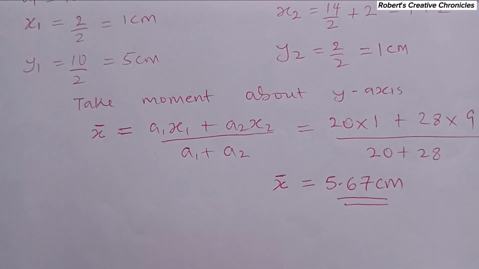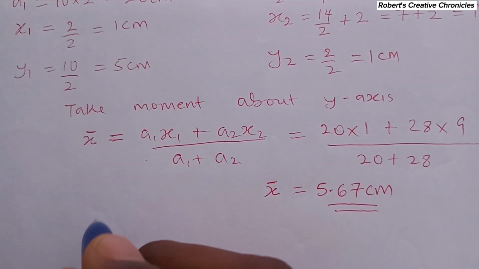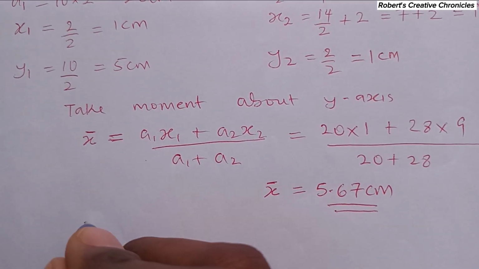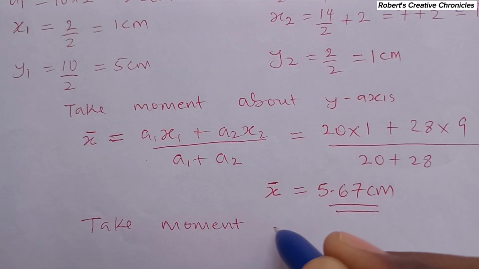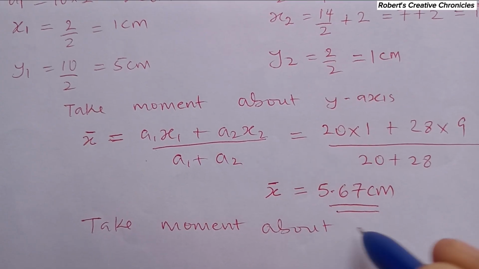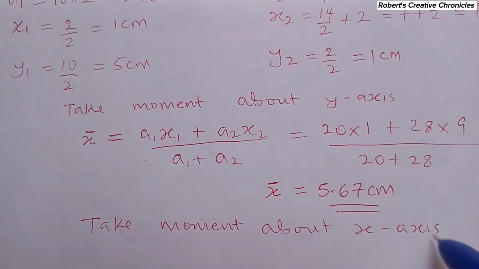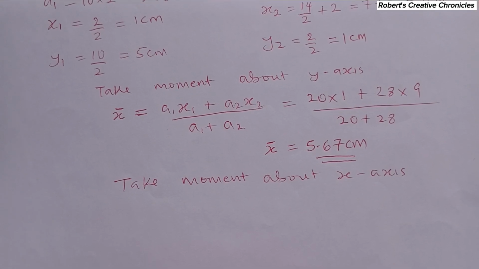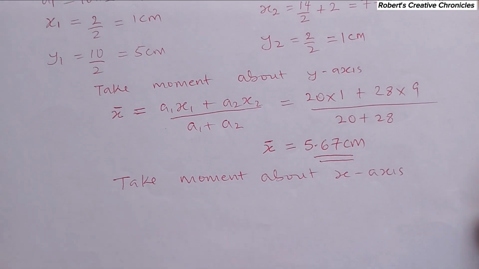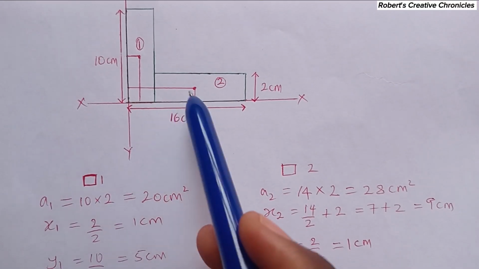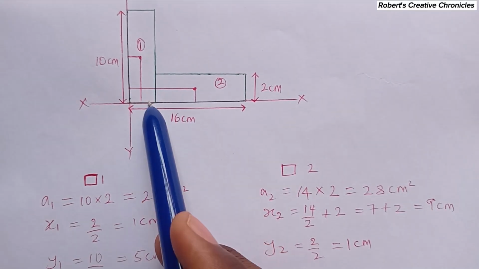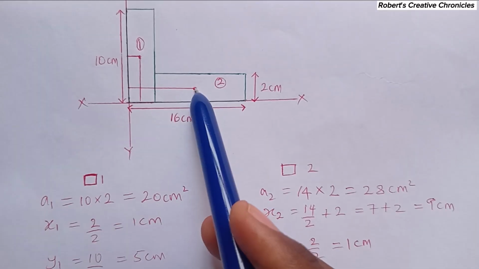Now, let's take the moment about the x-axis. If we take moment about this x-axis, it will be these areas times the distance here, then this area times the distance here.